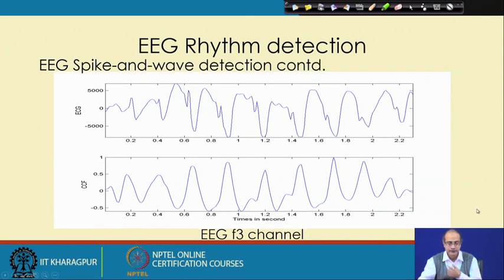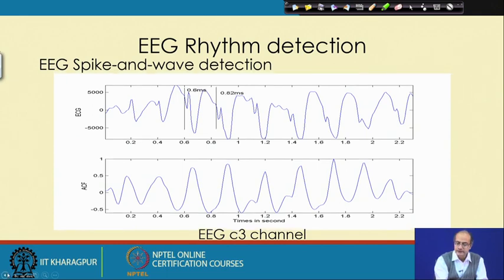Now, we take another example where we have changed the signal. Earlier we were looking at the C3 channel, and we have taken a template out of that. From the expert we have taken a template from 0.6 millisecond to 0.82 millisecond.